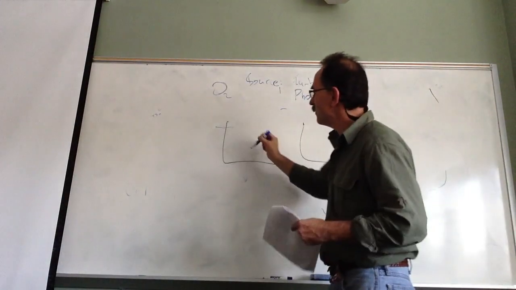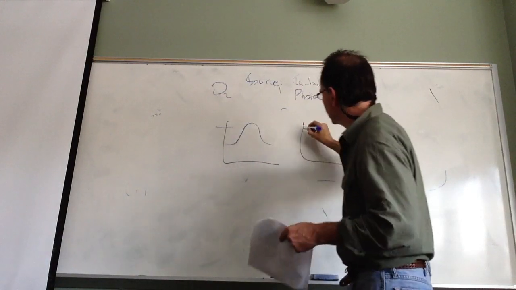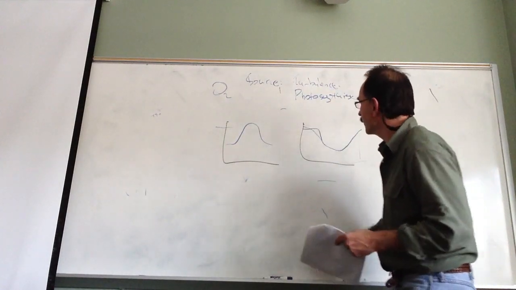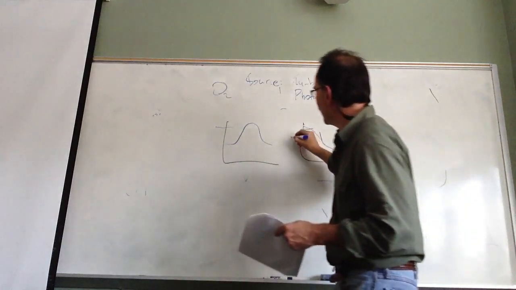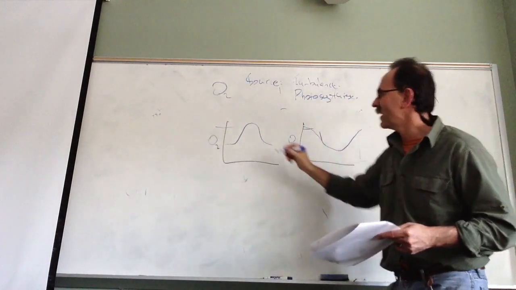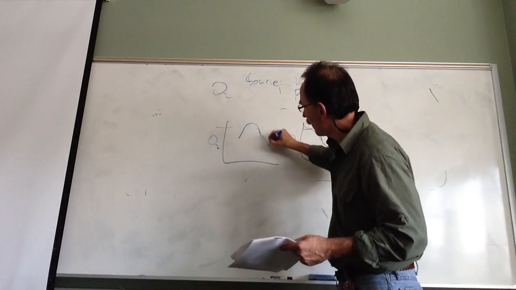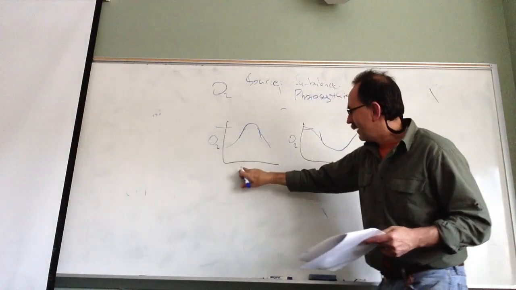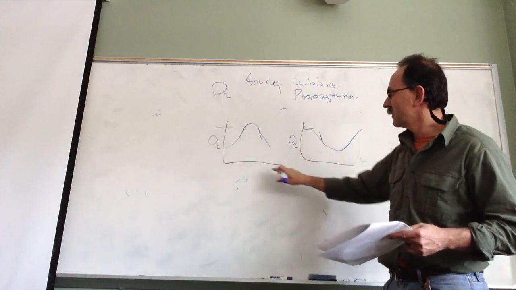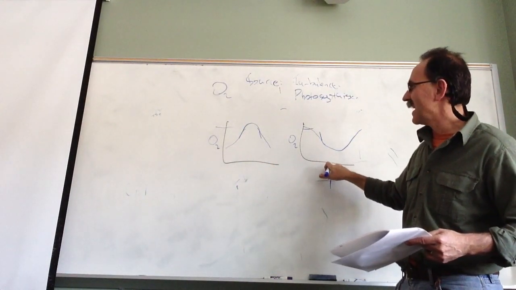This is my O2 variability here. On my time axis over here, would this be a day and this a year? Or would this be a day and this a year?